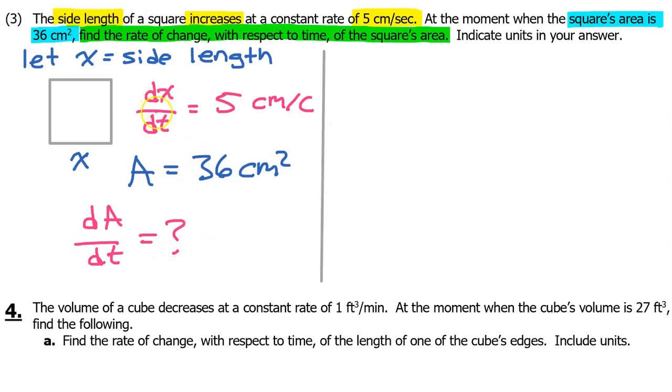The two quantities that we are dealing with are the side length x and the area A. So we need a relationship between the side length and area. And of course, we know that the area of a square is going to simply be the square of the side length. So A is equal to x squared is the relationship.